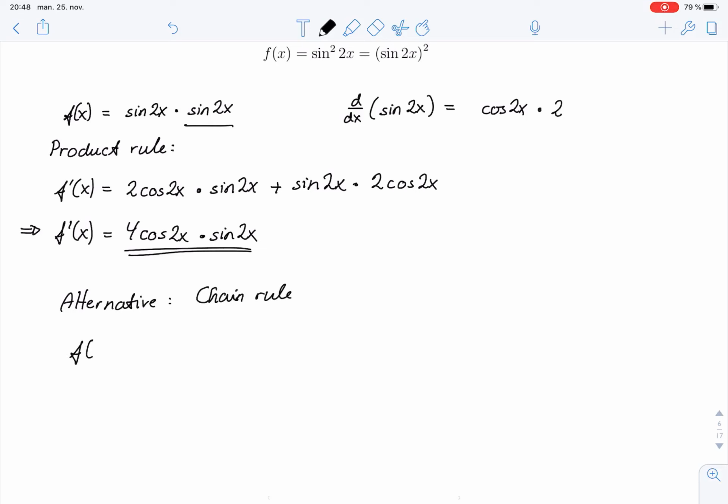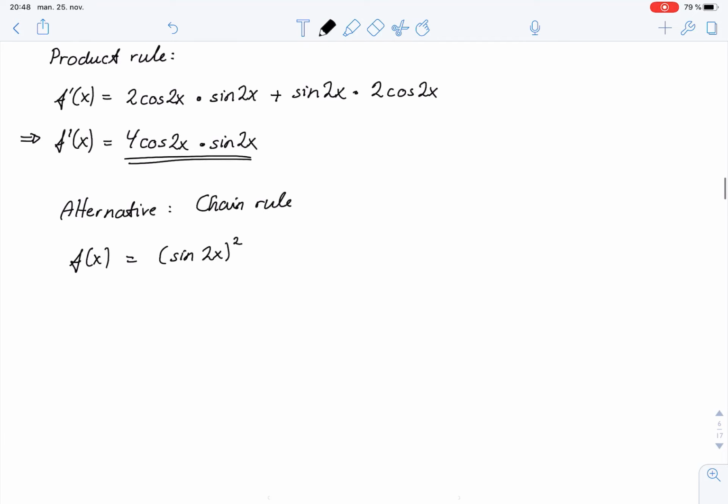So this time we're keeping the parentheses like that. And remember that if you have the derivative of x squared, you get 2x. So here we use this as the chain rule on this.